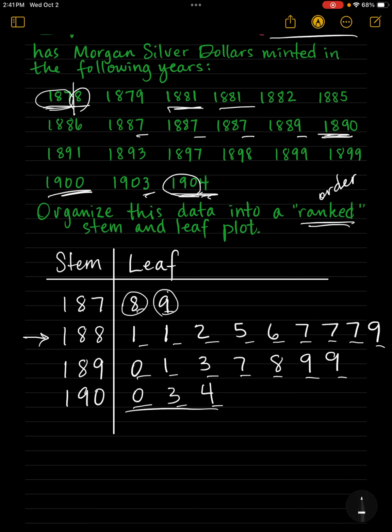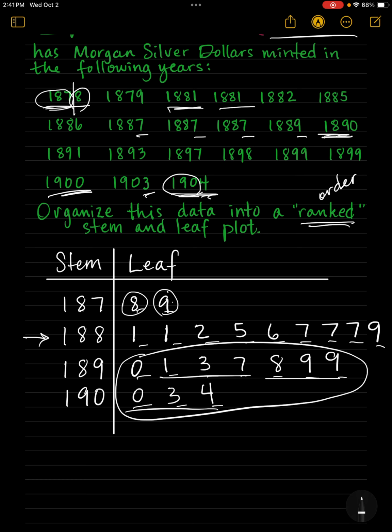And I could easily count 3, 6, 9, 10. Okay, I can count 2, 3, 4, 5, 6, 7, 8, 9, 10. And that's my lower half. And boom, that 9 would represent the median. So that would be 1889. Oh, the year my great-grandmother was born.